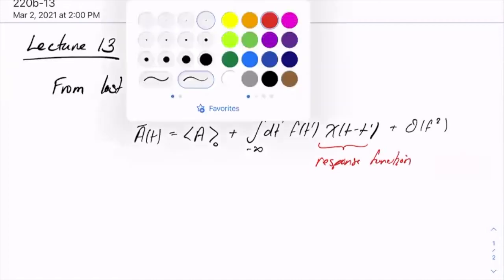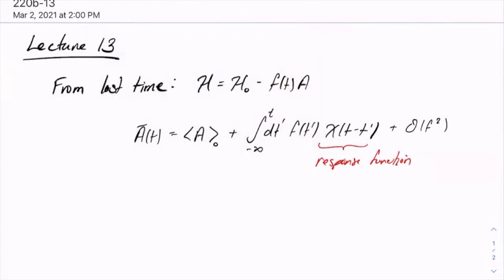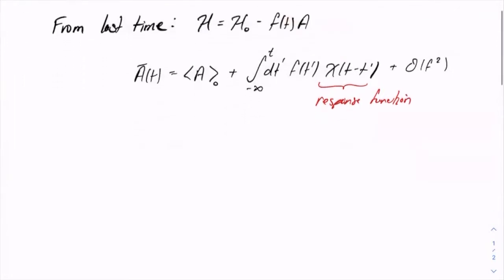So that chi, that response function, encodes how the influence of F changes the average value of A in time. And in the last couple lectures, we noted that because it must encode time dependence, it depends on the underlying equations of motion in general.